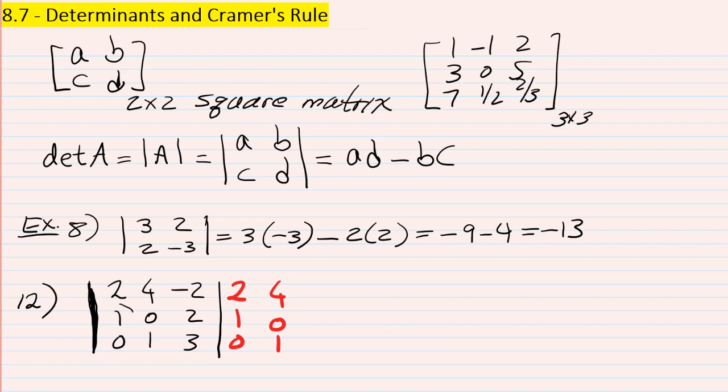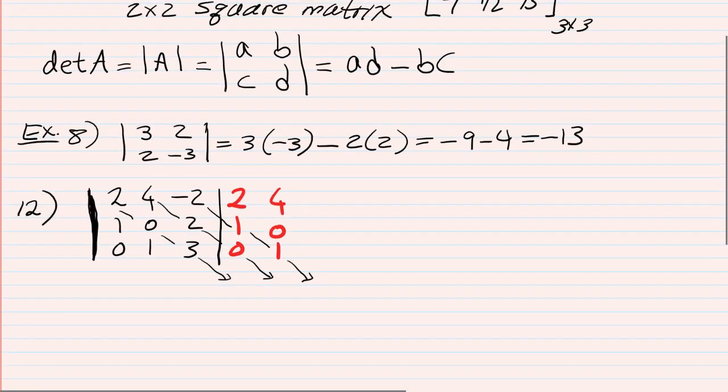We're going to multiply diagonal elements in this direction. And there you go. So we're going to multiply those together. 2 times 0 times 3 would be 0. 4 times 2 times 0 is 0. Negative 2 times 1 times 1 is negative 2. So those are the products.